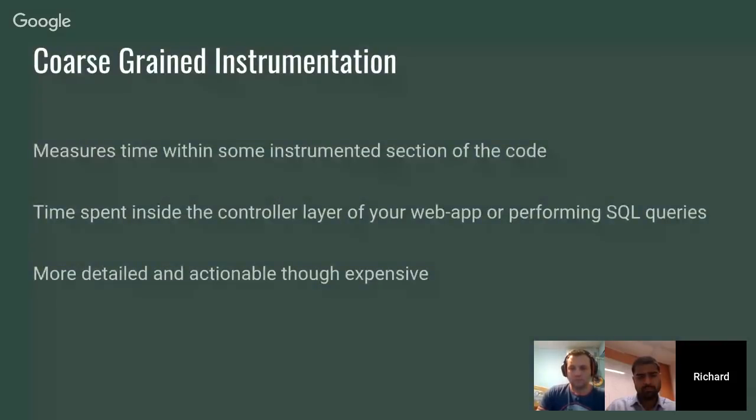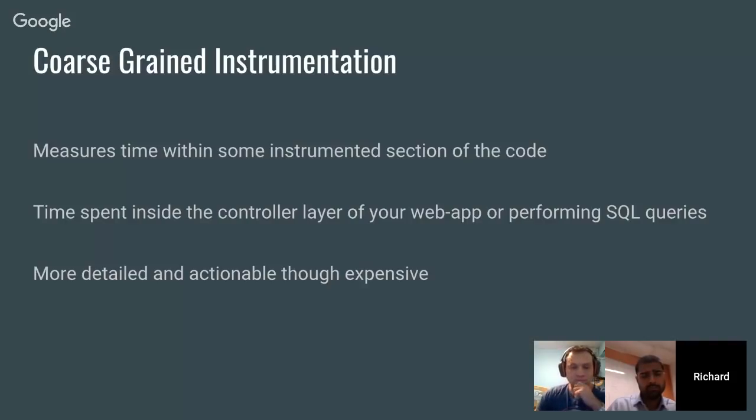One approach that people take as well, especially in the APM space, the application performance monitoring space, is coarse-grained instrumentation. When we say instrumentation, what we mean is take some little block of code within your application, measure the time at the start, measure the time at the end, subtract the former from the latter, and then you can calculate the time it took to do a certain little body of code.